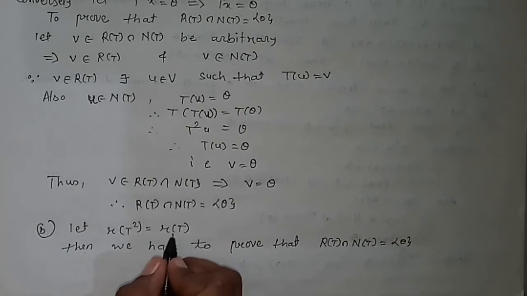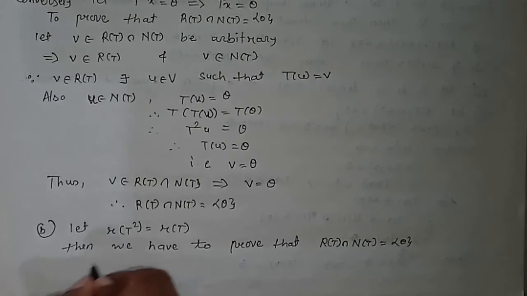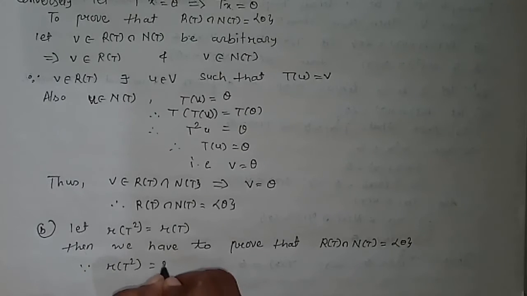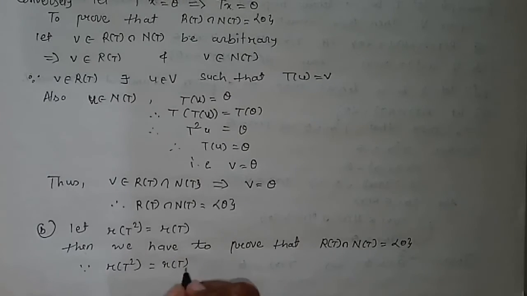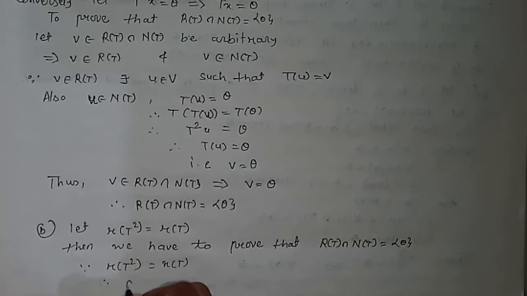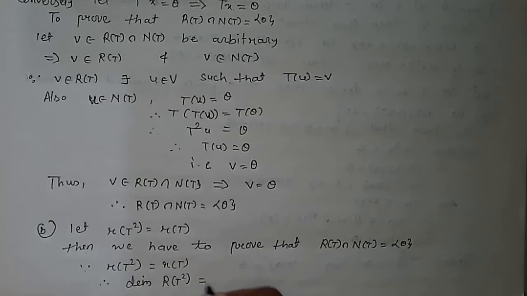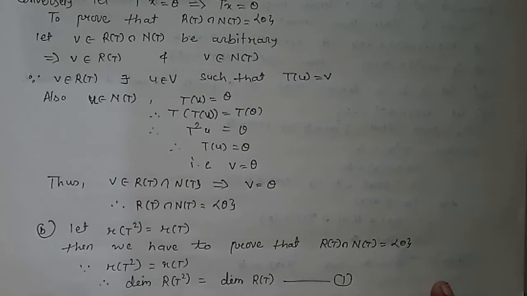Since rank of T square is equal to rank of T, we can write the dimension of range of T square is equal to the dimension of range of T. Since both have the same rank, the dimension of the range set is also equal, and here we take the dimension of range because we have to find the rank of T intersection with N of T.